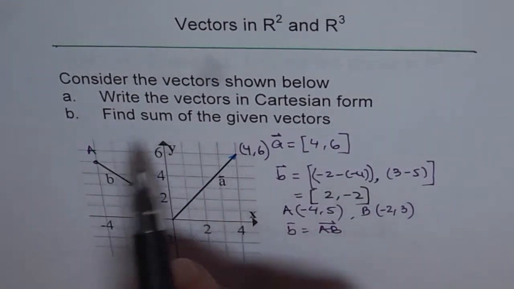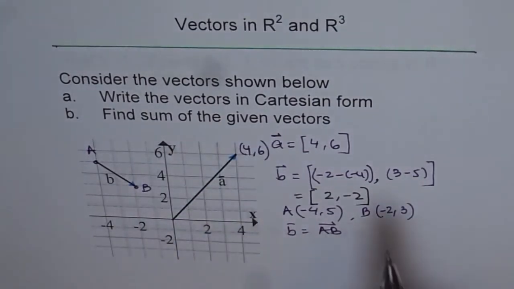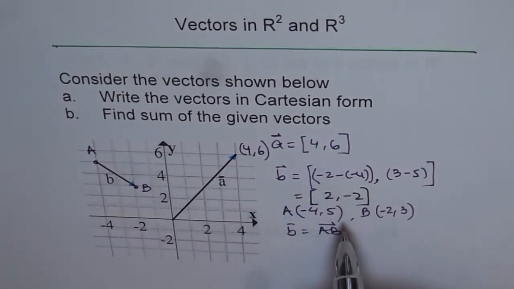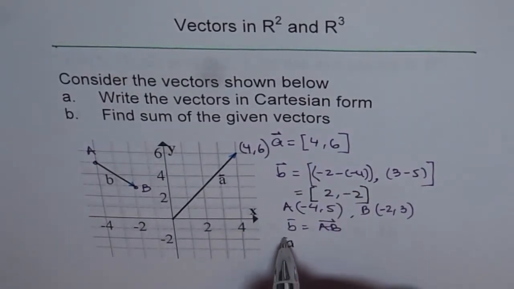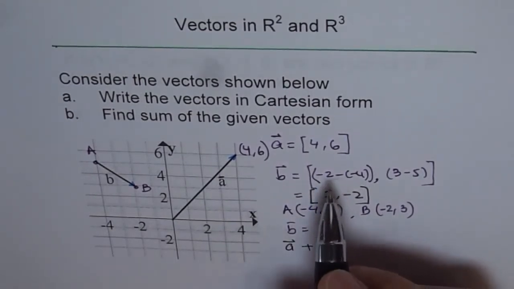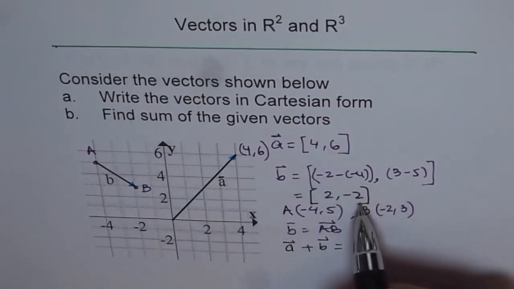Now part B of the question is find the sum of given vectors. When we know the coordinate points of a vector, then it's very simple. We say vector A plus vector B is equal to x1, x2, add them, and y's, add them.